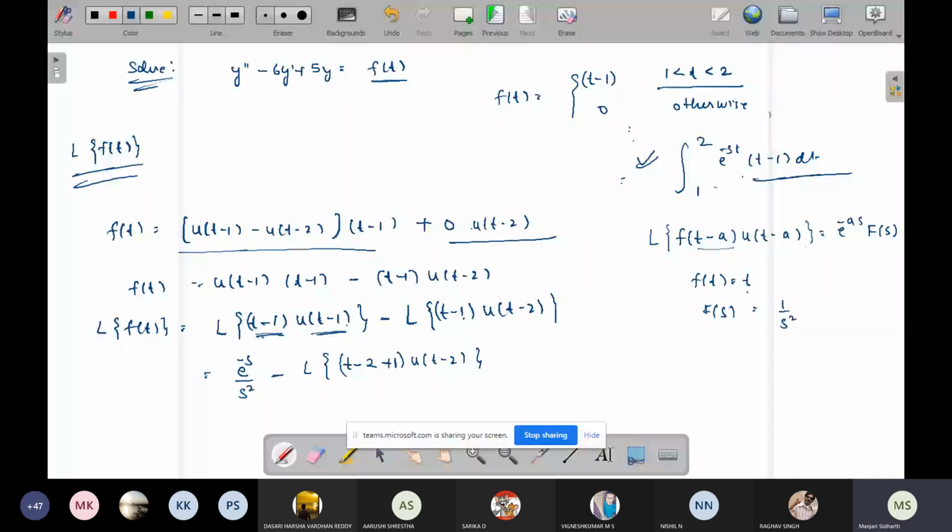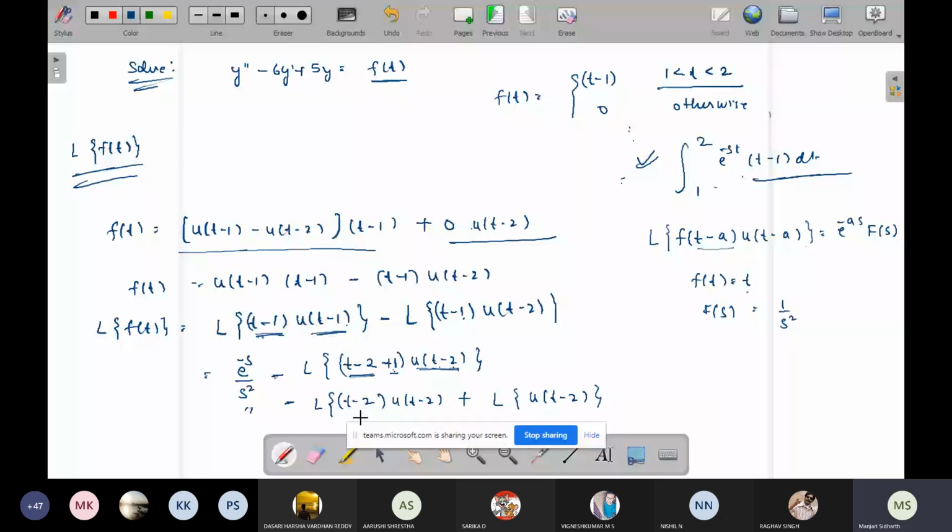You can multiply this Heaviside function into t minus 2 and this into this. So Laplace transformation of t minus 2 times u of t minus 2, then minus minus plus, so plus the Laplace transform of u of t minus 2. Again, the same formula, right?